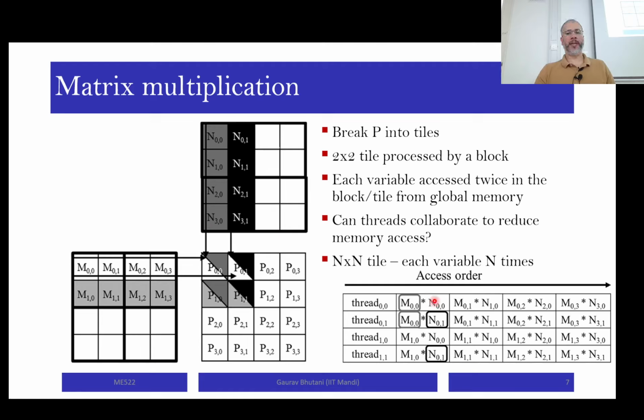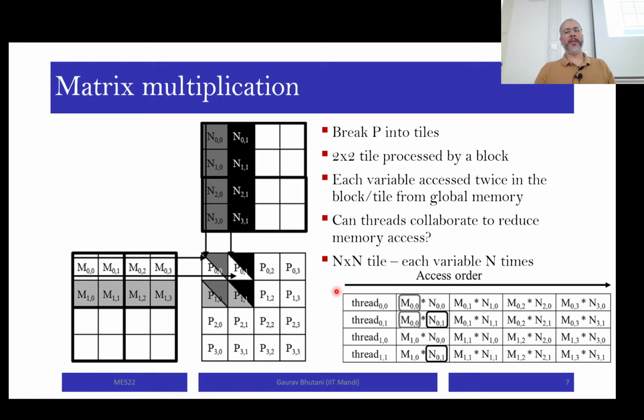This is what we have written here, all the elements that you need to multiply. If you look at one tile collectively, M00 is used twice, and that makes sense because M00 is used when you calculate P00 and P01.